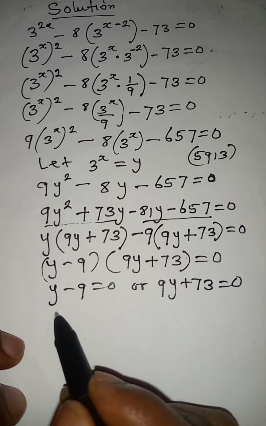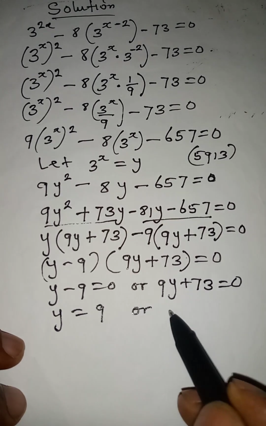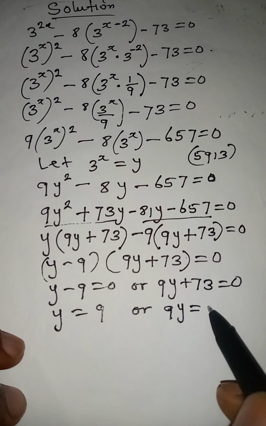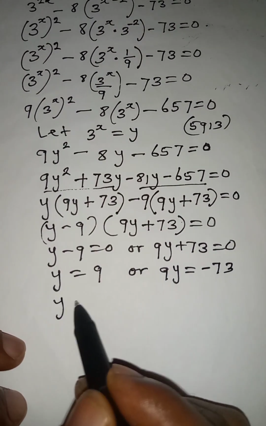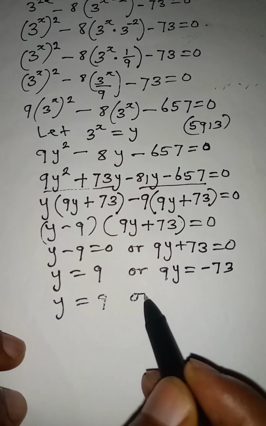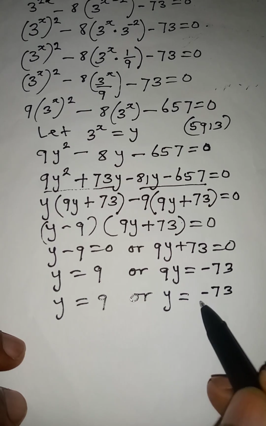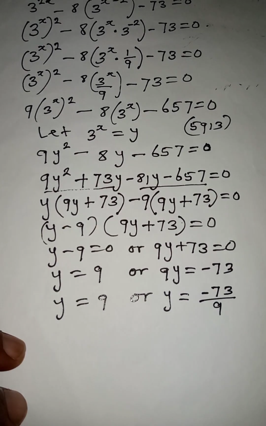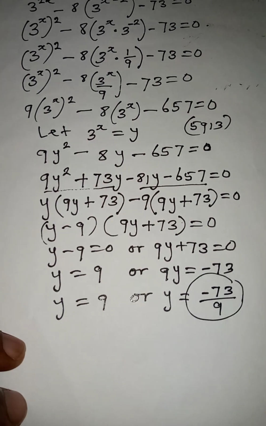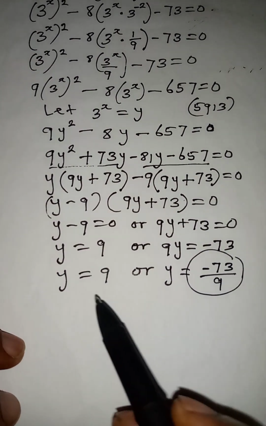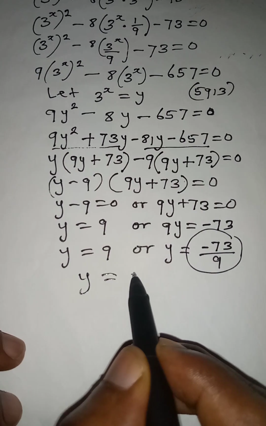And from here, I will say that y is equal to 9, or on this side, 9y will be equal to negative 73, so y is equal to minus 73 over 9. But here we're having a negative value of y, so we're not going to deal with the negative value. Let us deal with the positive value of y, which is y equal to 9.